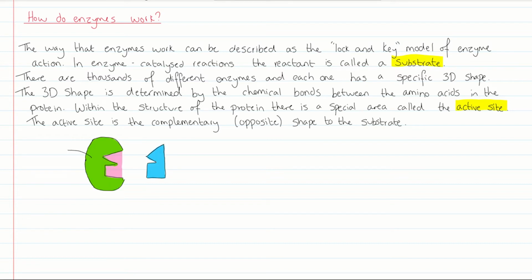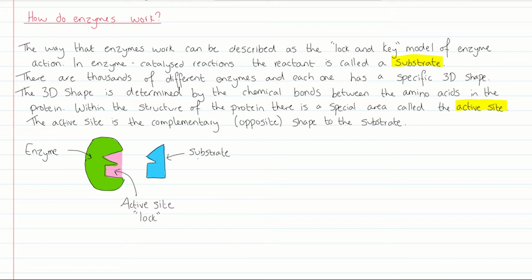Here I've drawn a diagram of an enzyme and a substrate. You can see the enzyme in green with its active site shown in pink. You can see that the active site is a very specific shape, and in this case it is the complementary shape to the substrate shown in blue.